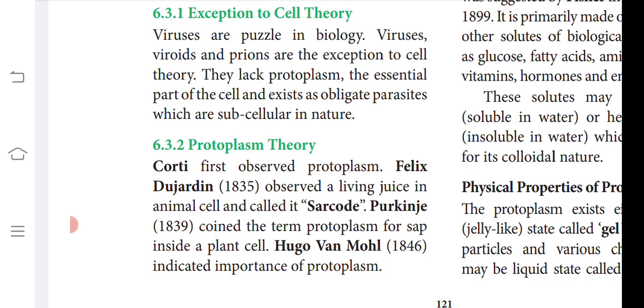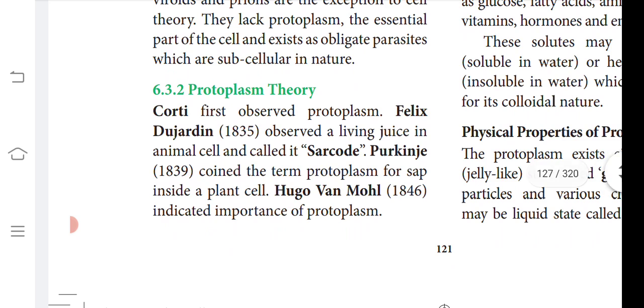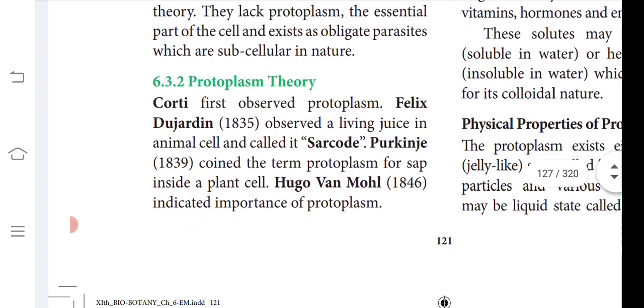There is no protoplasm seen in viruses, which is the essential part of the cell, and they exist as obligate parasites. They can live as parasites only when they are inside the cell. Once they are outside the animal or plant cell, they become crystalline, stone-like. Okay, so this is the exception to the cell theory.